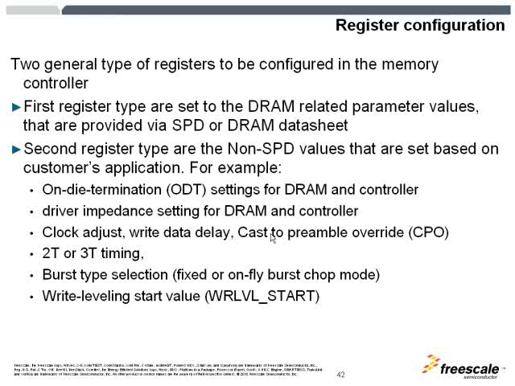Here we have the on-die termination, driver impedance, clock adjust, write data delay, CAS preamble override values, or the 2T, 3T timings, whereby you are sending the address and command in 2 clock cycles to increase your address and command setup time.